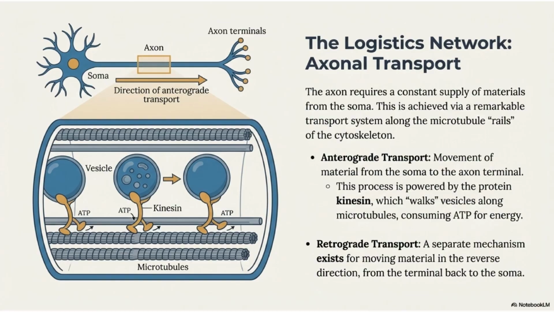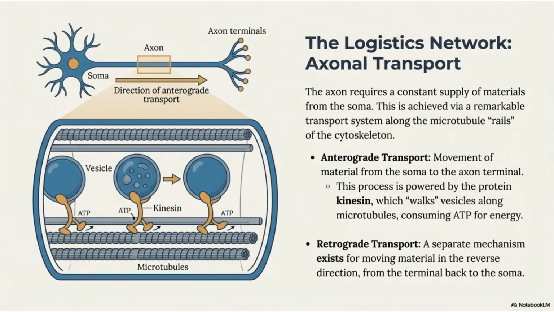To maintain function, the neuron relies on a sophisticated logistics network known as axonal transport. Since the axon requires a constant supply of materials from the soma, it utilizes the microtubule rails of the cytoskeleton to move cargo. The primary method is antegrade transport, which moves material from the soma down to the axon terminal.